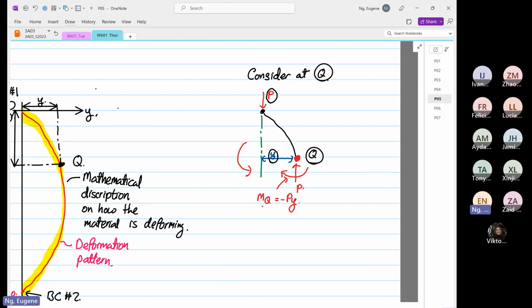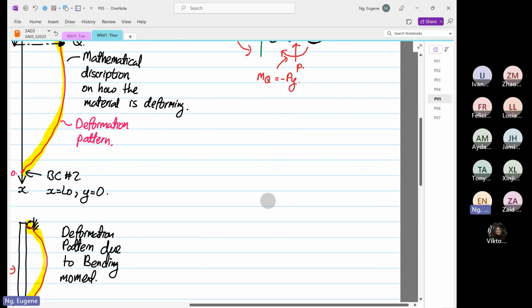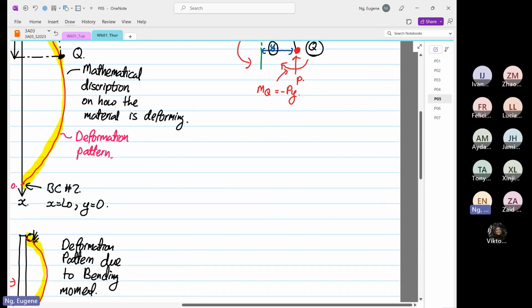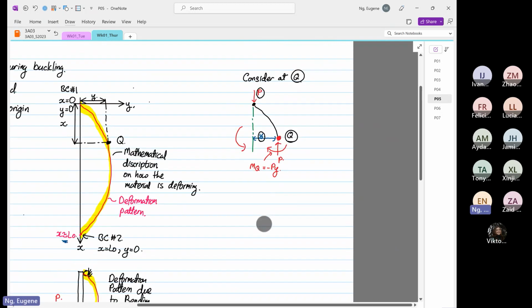So the moment at point Q has to have a counter moment, which is equal to minus Py, because of Newton's third law: action equals reaction, same in magnitude, different in direction.